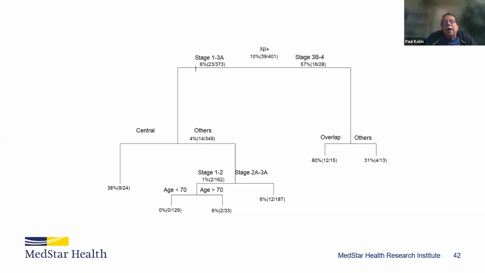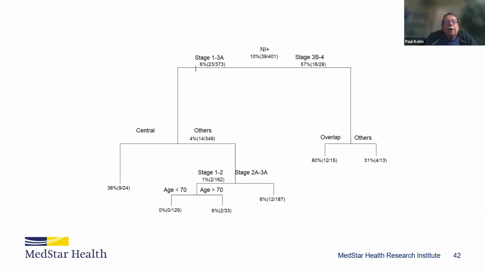Those 57% with stage 3B or higher have another variable that splits it further, and that's location, overlap versus others. You can see that those that have overlap, the rate is 80% compared to only 31% with others as far as location.